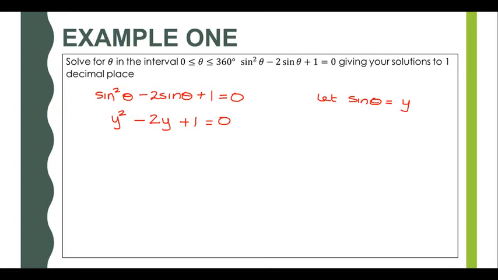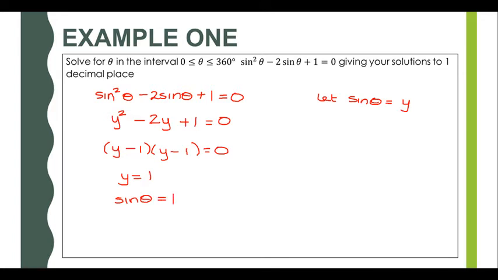I can now factorise this quadratic to get (y minus 1)(y minus 1) equal to 0, which gives me the repeated solution y is equal to 1. But I know that y is the same as sine theta, so I'm going to substitute that back in.